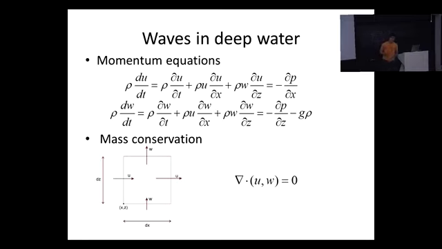So we also have to take into account the mass conservation. If we consider an infinitesimal square, the flow of matter into the square and out of the square must be 0. So it means that the divergence of this two-dimensional velocity must be 0. So these are the equations that I'm going to use to solve this problem.